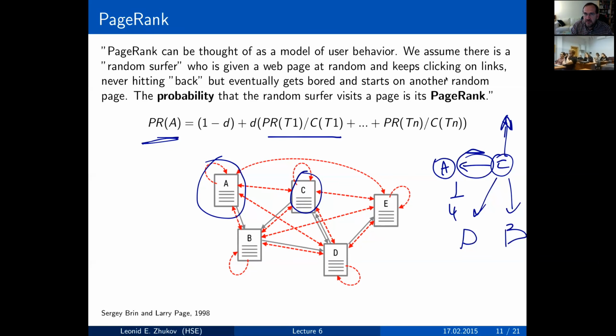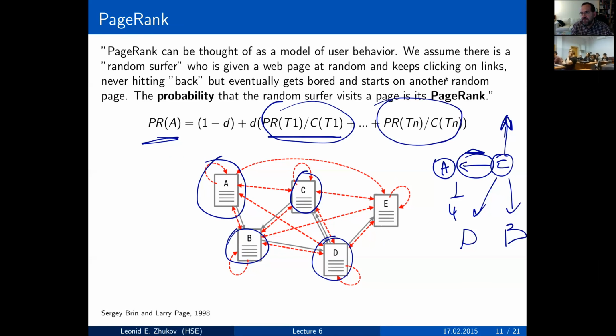You randomly select one of the links and follow it. So in order to calculate the probability that someone ends up on page A, you take the probability that the person is on its neighbor from which it can get to A. In any case, you have to divide it by the number of outgoing links from that page, because that will renormalize and give you the probability to go to node A. And that's what's in here, right?